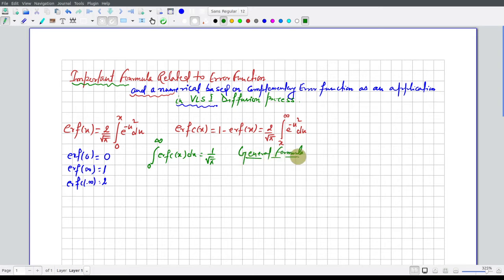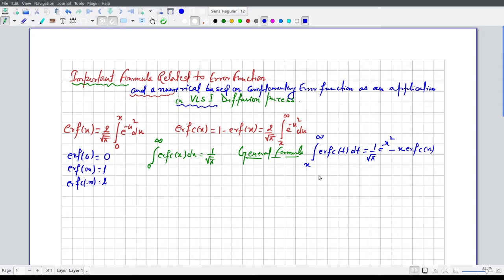The general formula is: we integrate from x to infinity erfc t dt, that is, the integration of the complementary error function. If we find this, it will come as 1 by root pi e to the power minus x square minus x times the complementary error function erfc x.